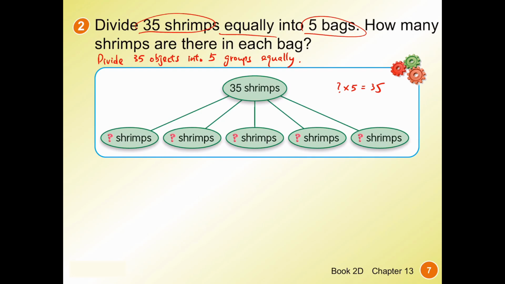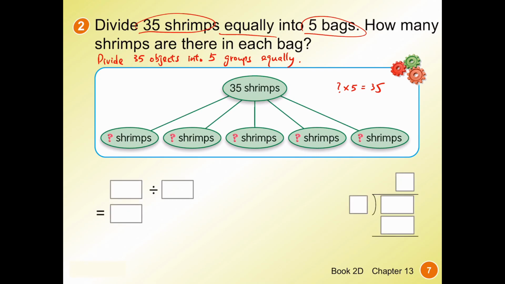Division is a way to help us find the number of objects in each group when sharing objects equally. So the total number of streams, or the total number of objects, would go into the dividend. And then the divisor would be our number of groups, or number of bags here. So 35 divided by 5.